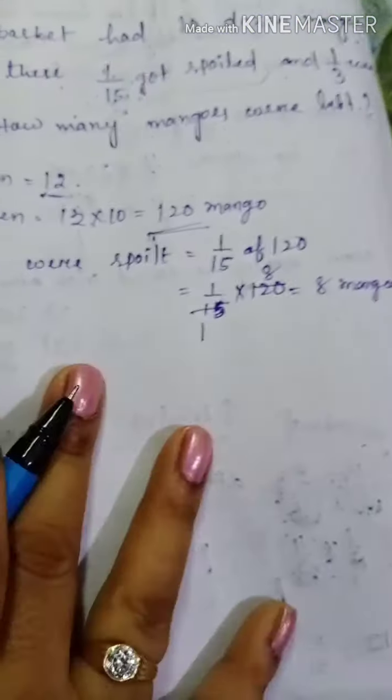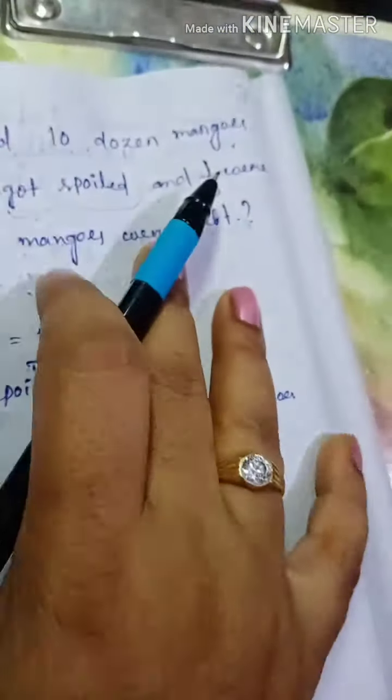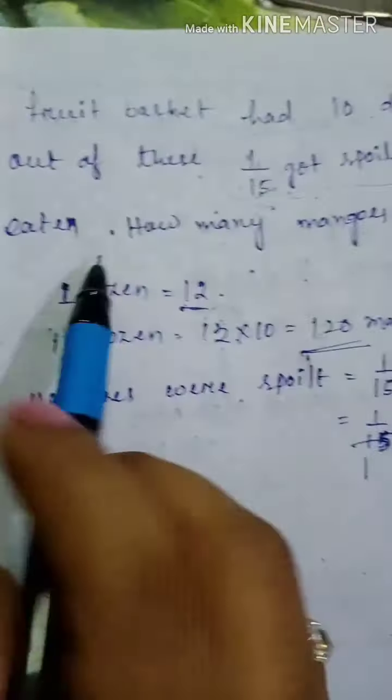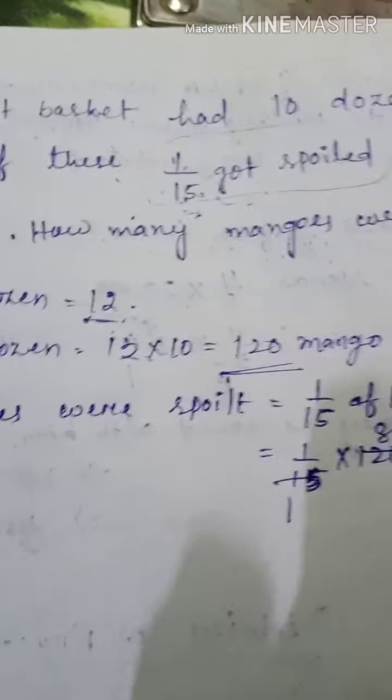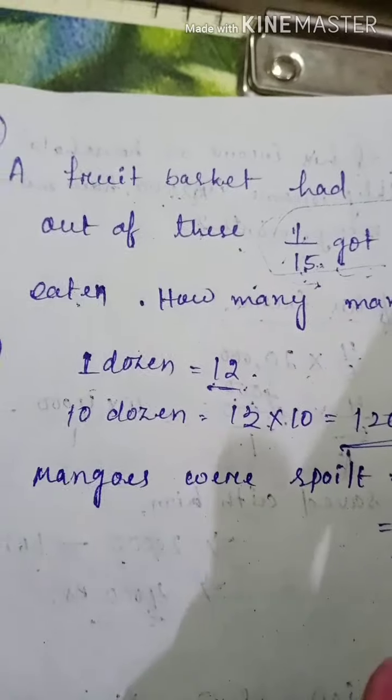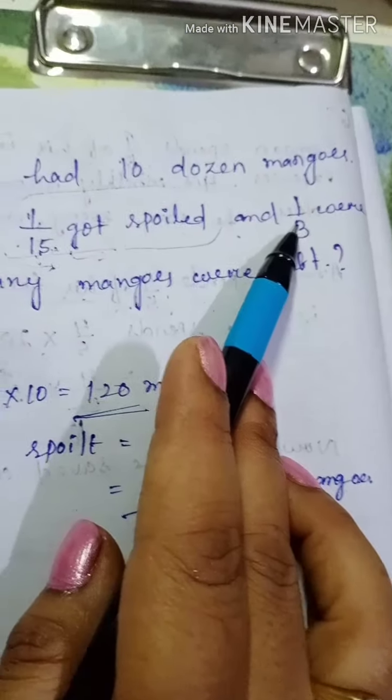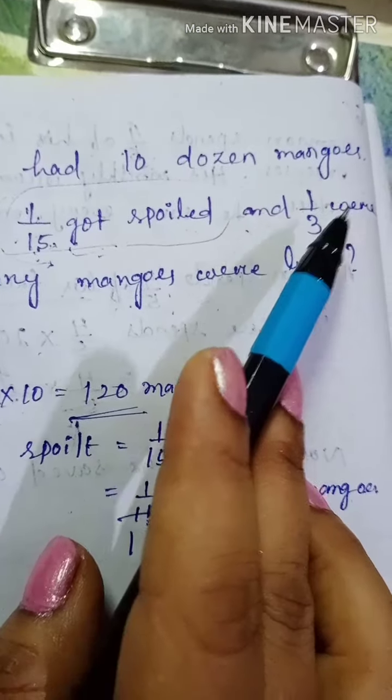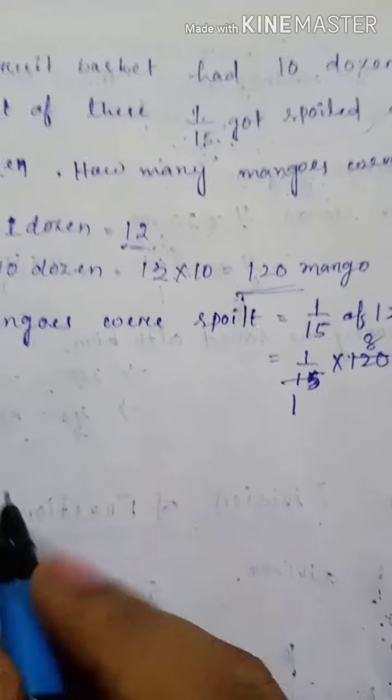Clear? Next, again it is written 1 by 3 were eaten. The number of mangoes eaten is not given. Only the fraction is given. So we have to calculate the number of mangoes eaten. Okay.